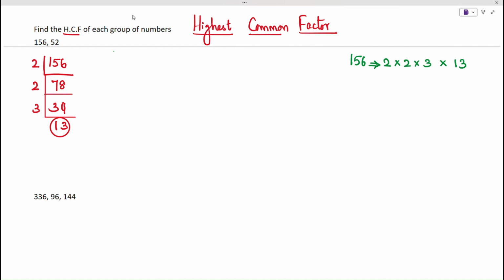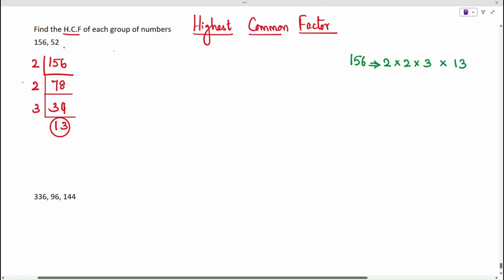In a similar way, we're going to do it to 52. Let's start off with 52. 52 is an even number, so we can remove 2 from it as one of its prime factors. 52 divided by 2 gives us 26. 26 is also an even number, so we're once again going to take 2 as another prime factor. 26 divided by 2 is 13, and like before, 13 is a prime number, so it can't be split further down.